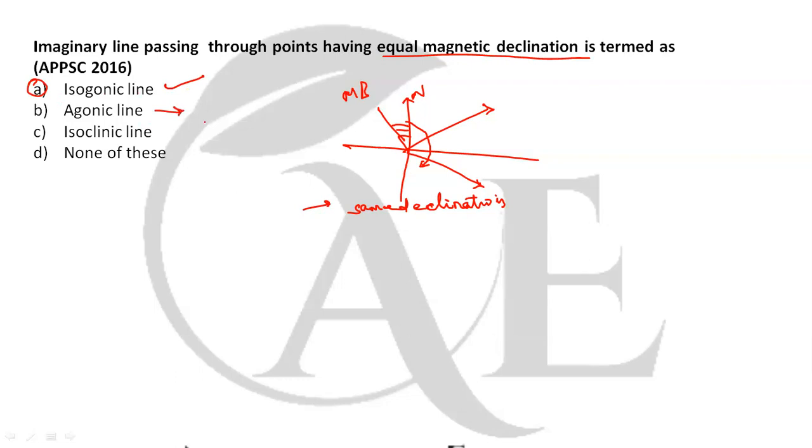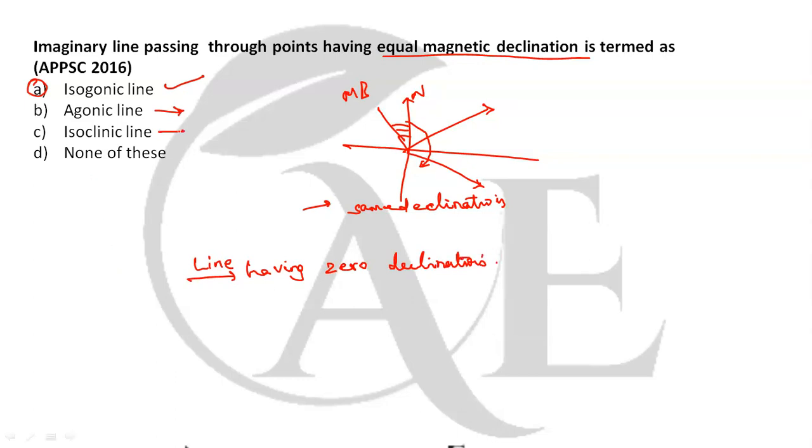In an agonic line, it is a line having 0-degree declination. A line with 0-degree declination is said to be an agonic line.